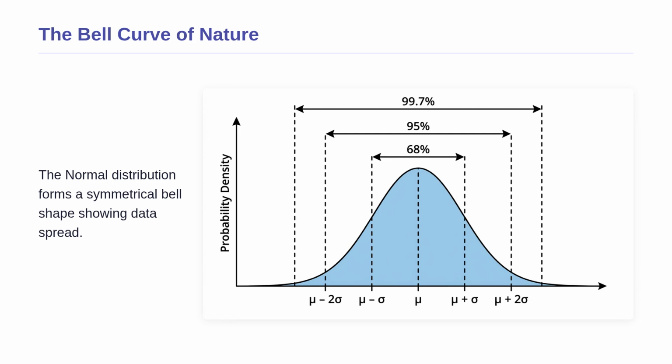The shaded blue regions show how data is distributed. 68% of all data falls within 1 standard deviation of the mean, 95% within 2, and 99.7% within 3. This perfect symmetry allows researchers to easily identify outliers and establish confidence intervals for medical tests.